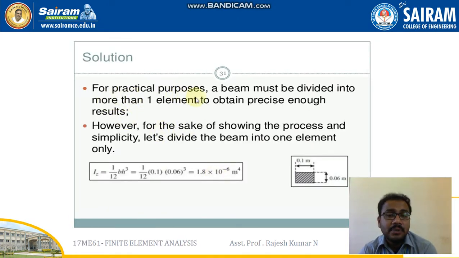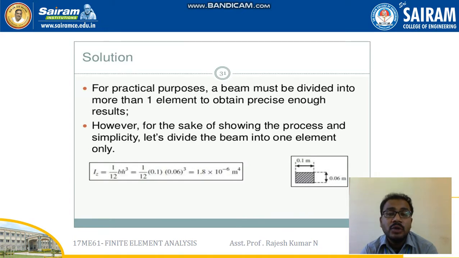For practical purposes, a beam must be divided into more than one element to obtain a precise enough result. But it is not mandatory. You can even go with one element. Maybe if you are looking for very exact solutions, you can go with 2 or 3 elements. The difficulty we face when going with multiple elements, particularly when solving a beam problem, is time.